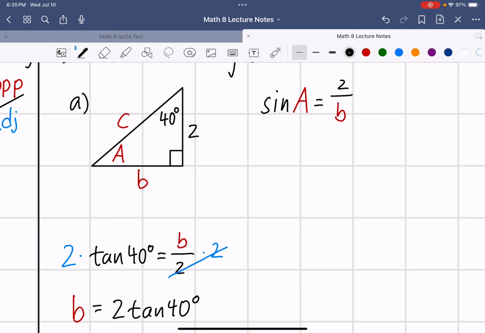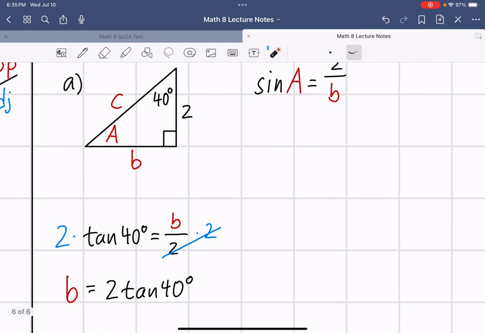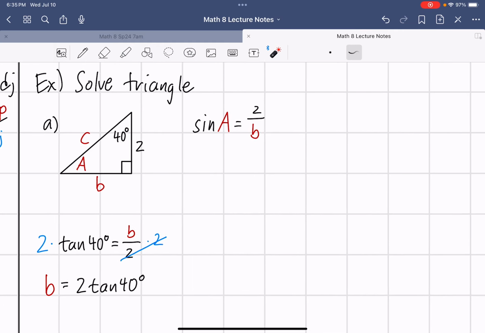Now I did say at one point we will need our calculators. And this is a perfect example because I don't know. I know tangent of 45 degrees, tangent of 30, 60, 90, 120, and so on. But I don't know tangent of 40 degrees. This is where I would need to take a calculator.